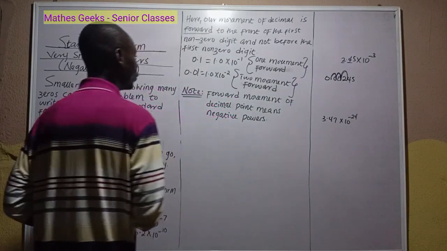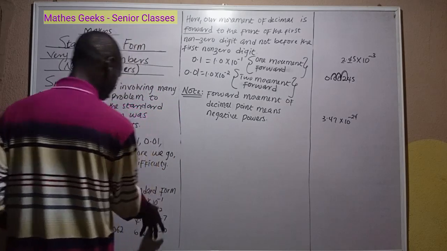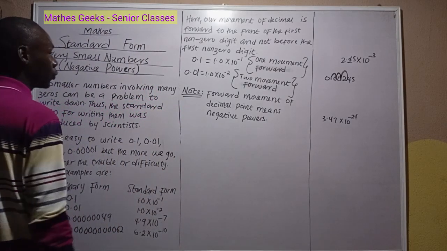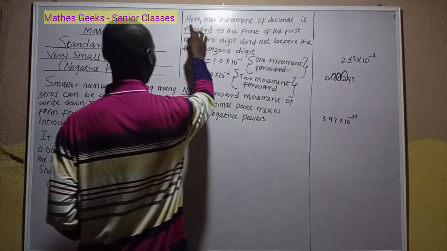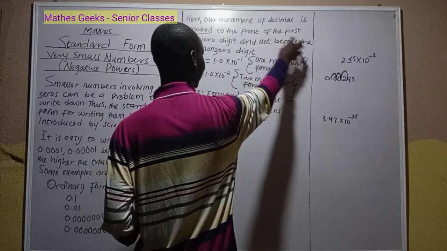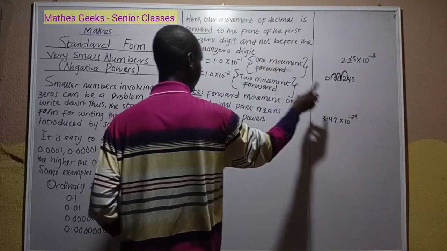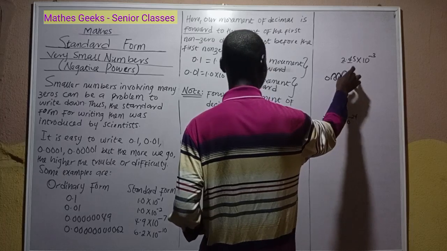That's the rule. So that's how that number was converted, and that's exactly how these ones were gotten from these ordinary numbers. So here our movement of the decimal is forward. I underline the word forward, taking it to the front of the first non-zero digit: put it in front of it and drop it there.